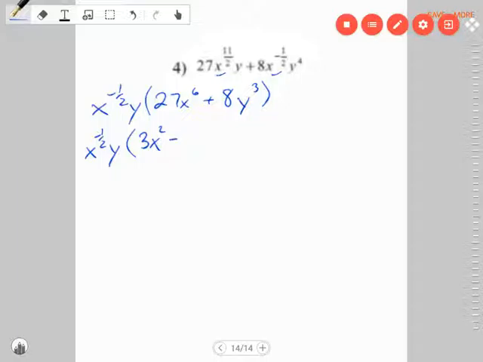Okay, remember the binomial for these things, it has the same sign, right? That just carries down. Awesome. And then the cube root of 8 is 2. And the cube root of y cubed is just y. So that's the binomial part. Now for the trinomial part, remember, it's the first chunk squared, so that's 9x to the 4th.